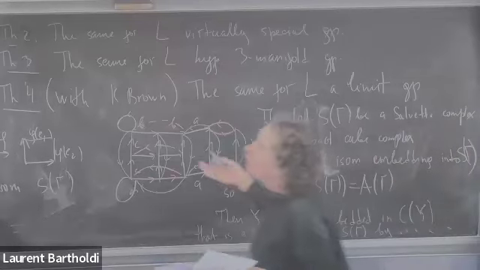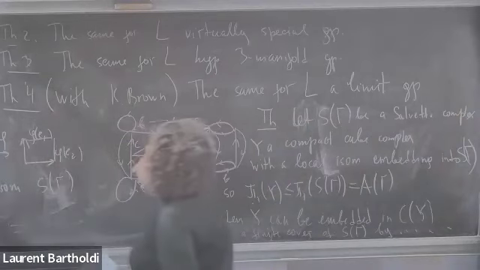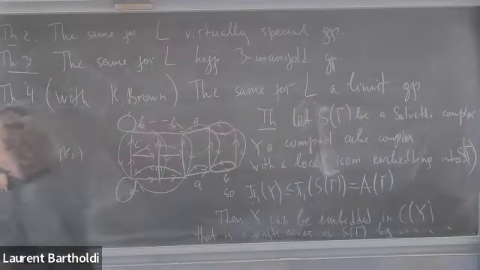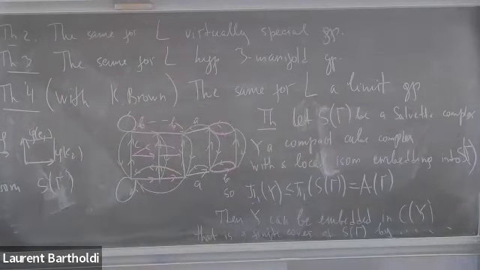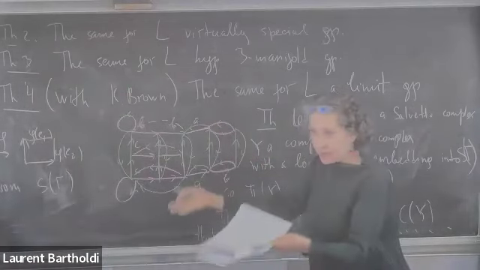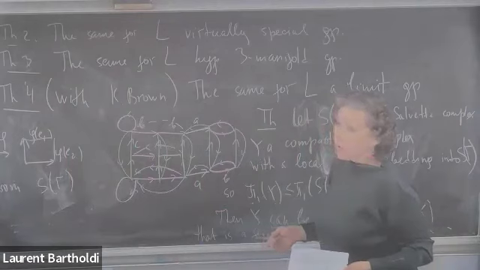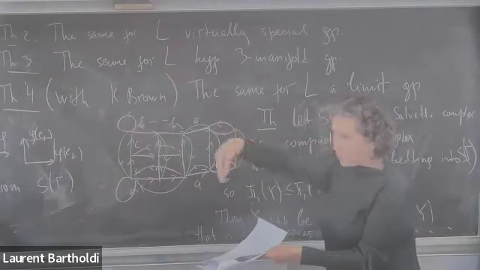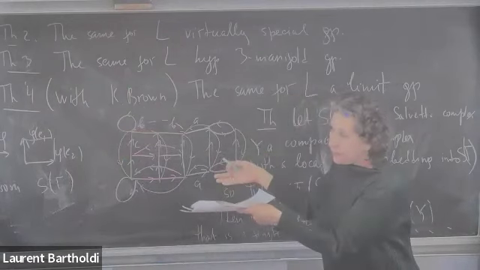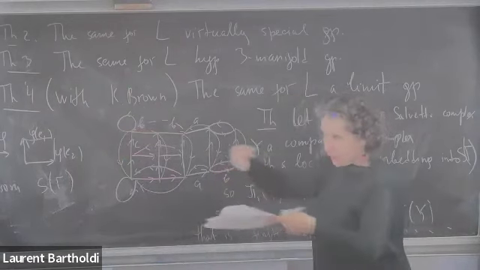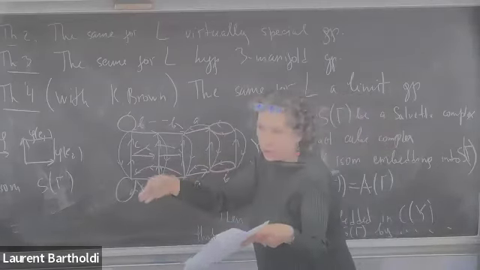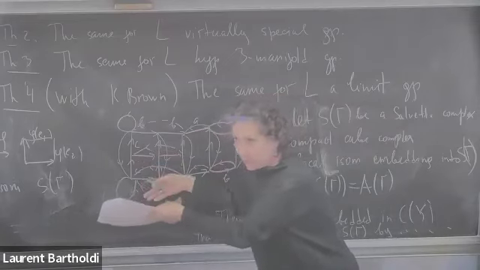Now, how will this work with the presentation? Right now the groups are linear, so there is some representation. Now we take another representation where all the stable letters are sent to powers of where they were sent in the first representation.